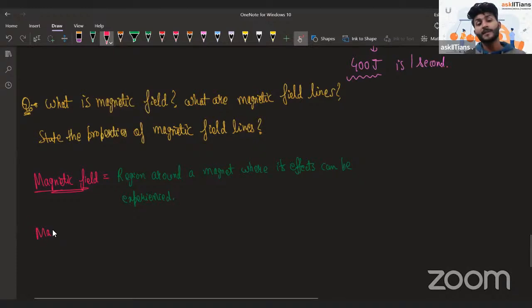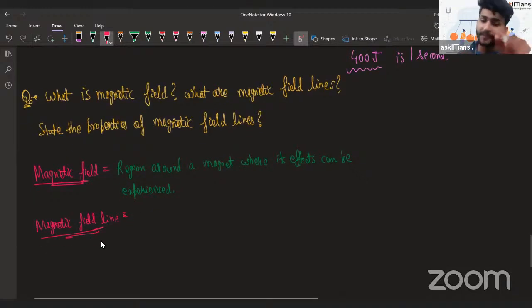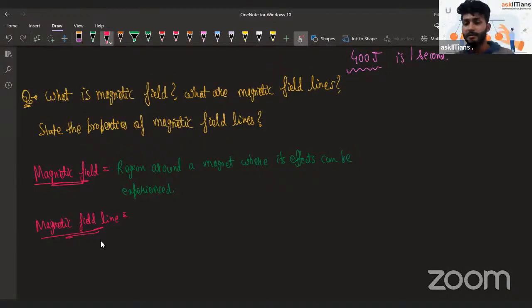Then the next question is, what is magnetic field line? How to define this, guys? You cannot use the word field in the definition of field line, so try to avoid the word field over here.